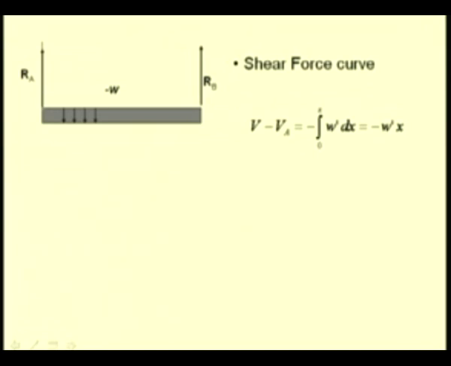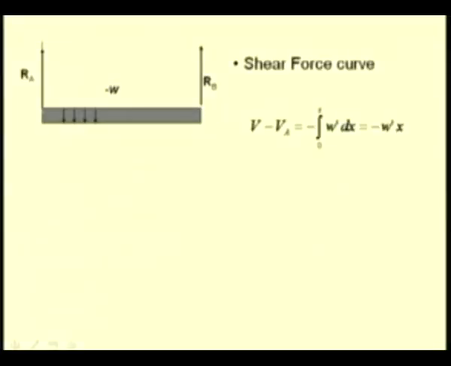For the points where we have concentrated loads, we have to use the algebraic relations to find the shear force, and so we can find the shear force at A. Now, let us see how to determine the shear force between A and B. So, if we consider a section at any distance x from this end, the shear force at this section is, let us say, designated as V. Then we have the relation V minus VA, which is the shear force at A, equal to the negative of the area under the load curve, which is nothing but the area under this curve.